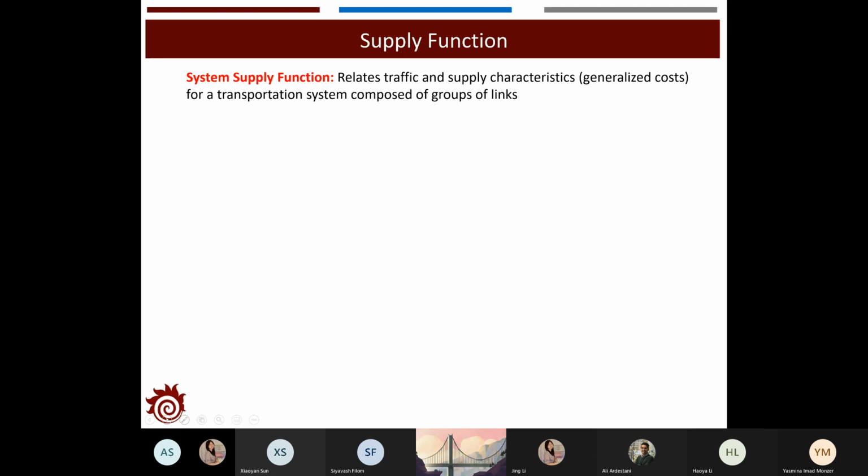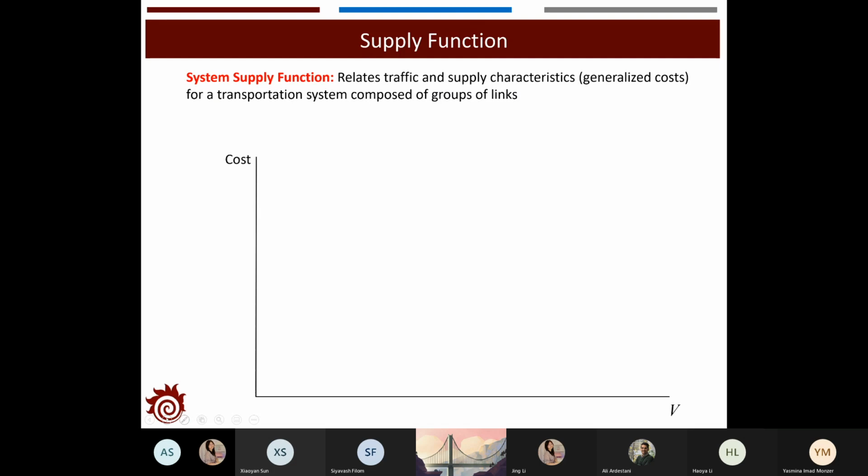Because in a transport system, each route consists of multiple links, and for two locations it's possible that you have multiple links to connect them, so you will have multiple choices to take. In that sense, we need to use the link supply functions to find the system supply function with multiple links.